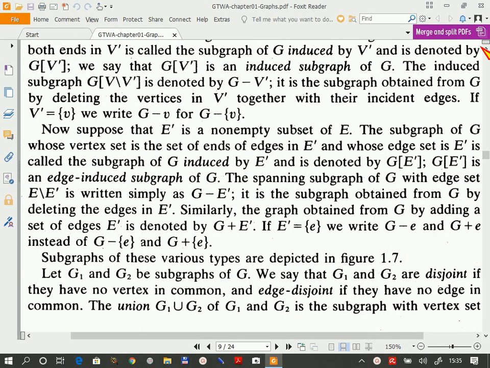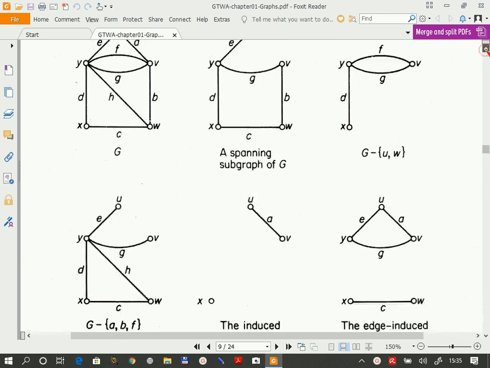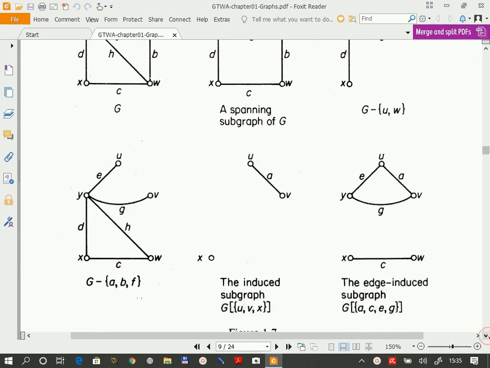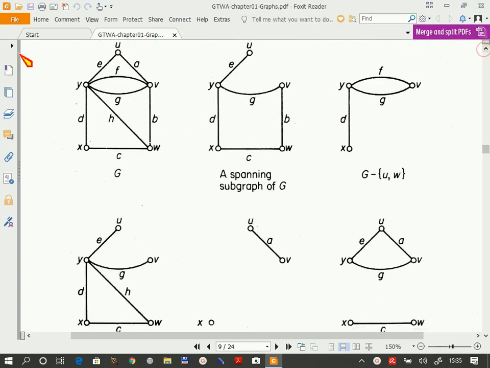And so you have here examples of this by taking the edge-induced subgraph induced by edges A, C, E, and G. So you have A, C, E, and G. This means you keep these four edges and all of their vertices, okay?